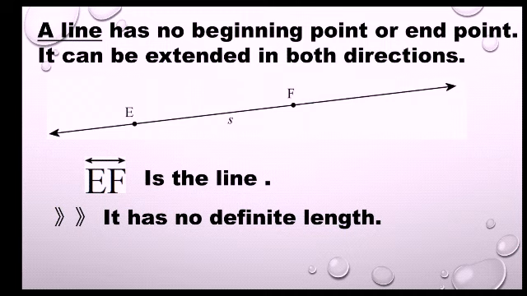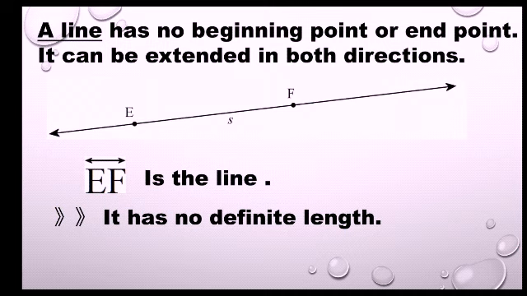As it can be extended in both directions, we can easily understand that there is no exact or definite length of a line, and the line is denoted by EF, as I have shown you in the picture. A line cannot be drawn on paper.